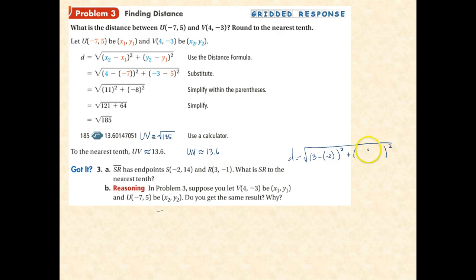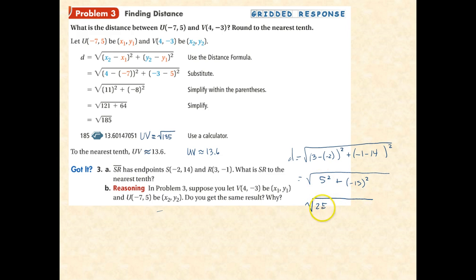And then this is the difference of the y values. So -1 minus 14. 3 minus -2 turns into 3 plus 2, so that's 5 squared. This is -15 squared.